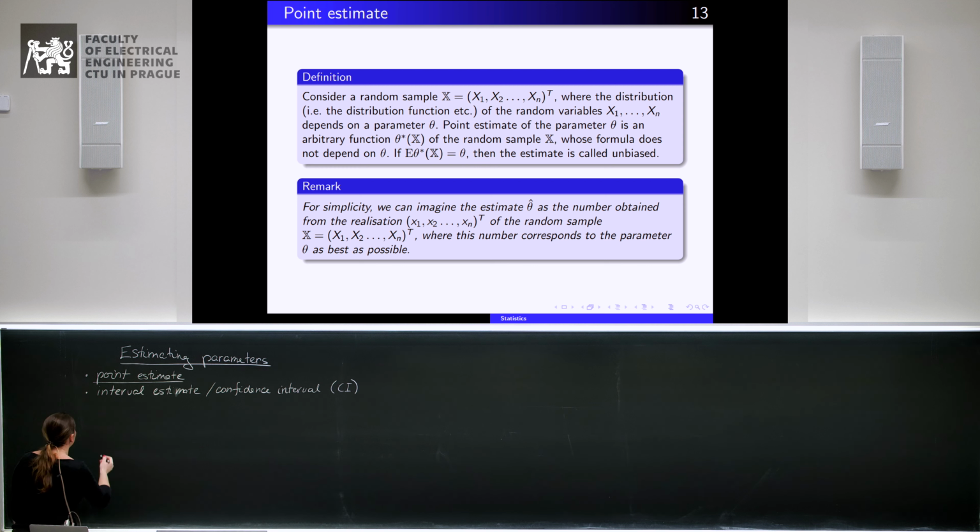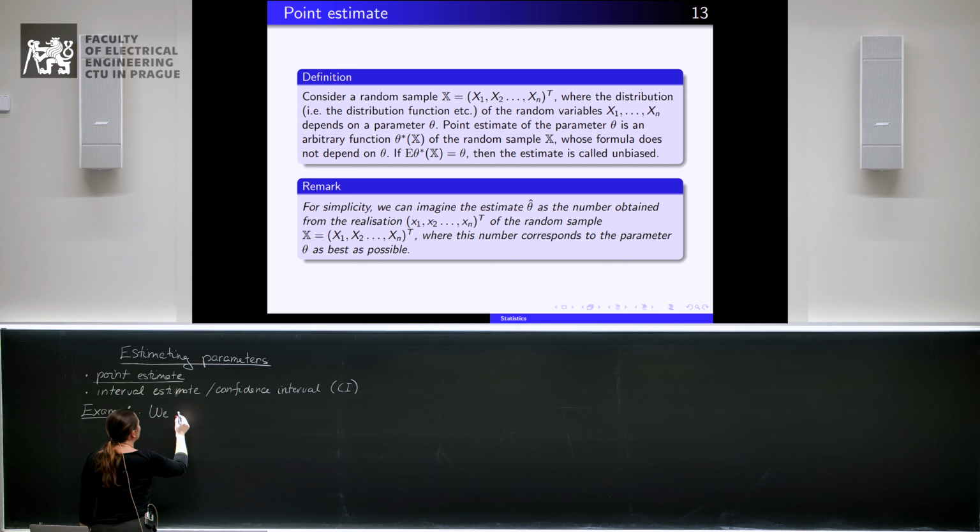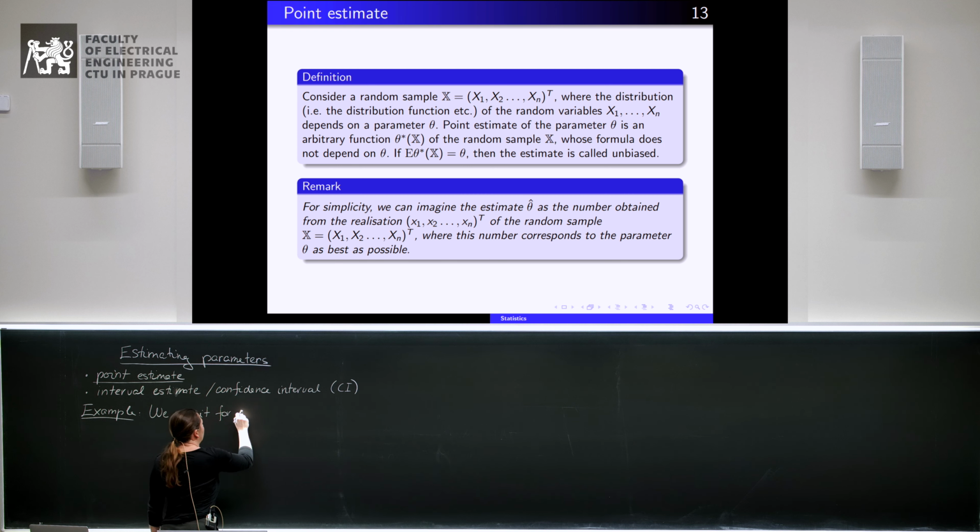So let's consider the example where we wait for a bus. We know this example very well. We wait for a bus.